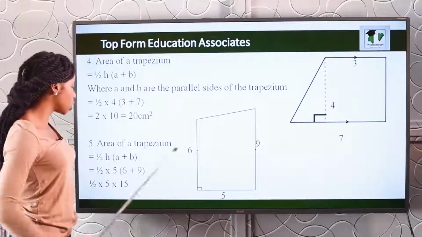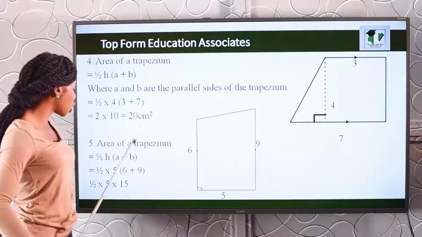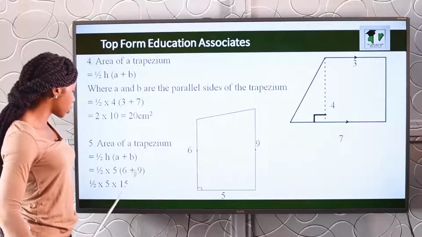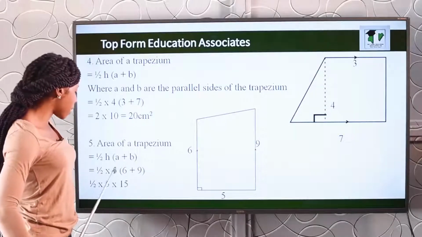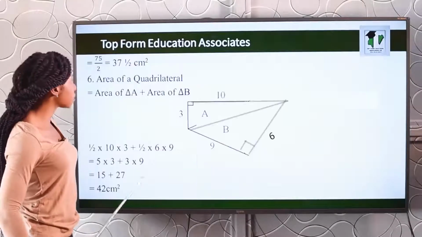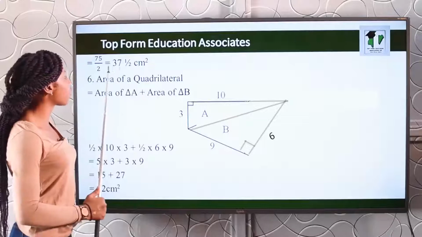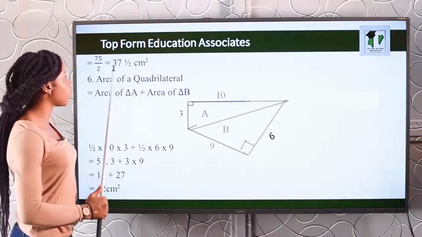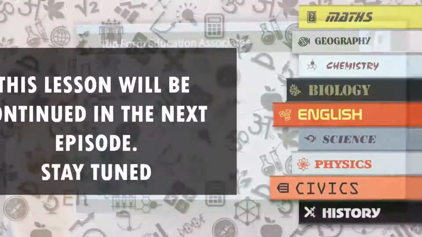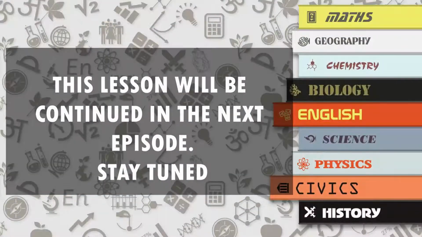So you input all this into the formula half h, open bracket, a plus b, and we get our answer. So we have half multiplied by 5, open bracket, 6 plus 9. We have half times 5 times 15. And when you do that, the final answer, the area of that trapezium, is 37.5 centimeters.